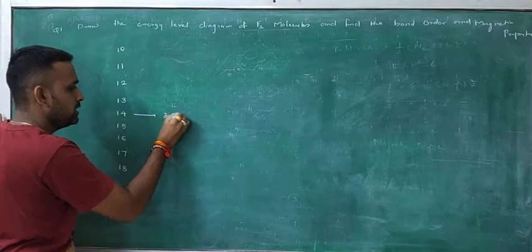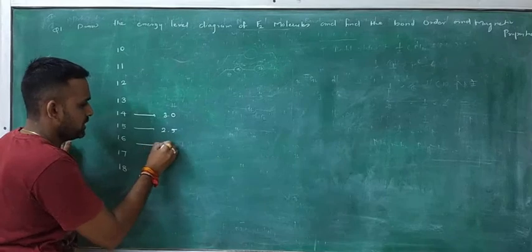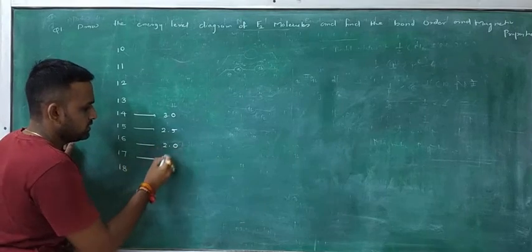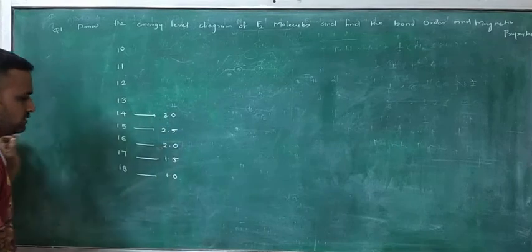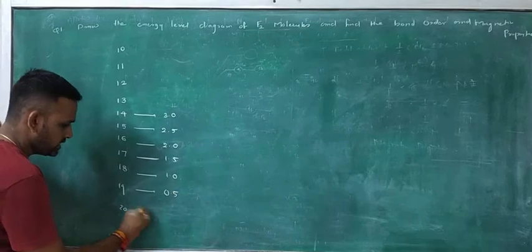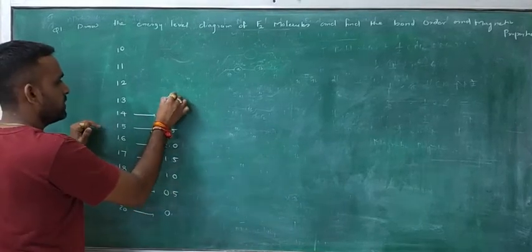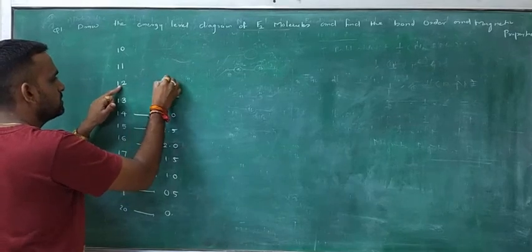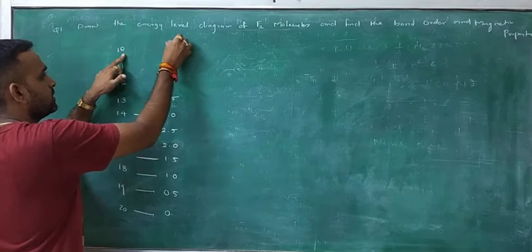Here the bond order is 3. This gives 2.5, then 2, then 1.5, then 1, then 19 gives 0.5 and 20 gives 0, right? In the same way here 2.5, here 2, here 1.5, here 1, right?